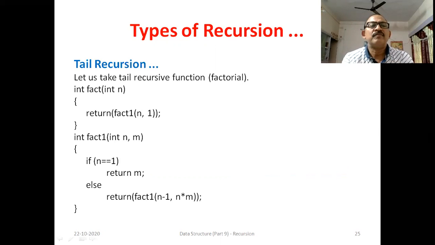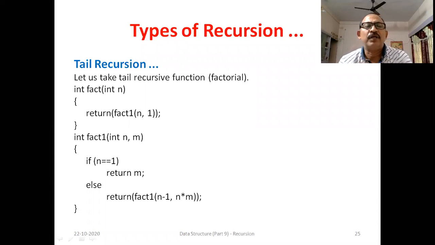Now this is the example of a tail recursive function. Again this is the calculation of the factorial of a given number. Here the function fact calls the function fact1 with two parameters, n and 1. In fact1 there are two parameters, n and m. If n is equal to 1, then the function returns the value m. Otherwise, the function returns fact1(n minus 1, n into m).